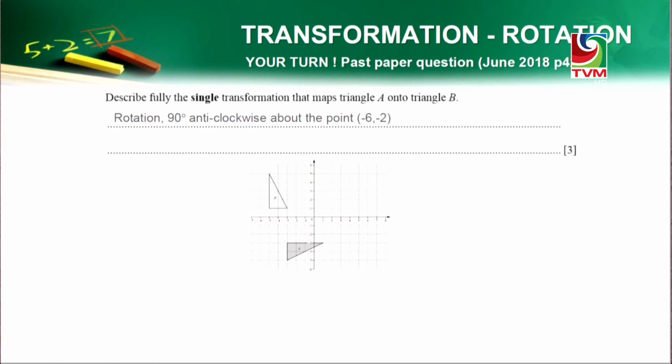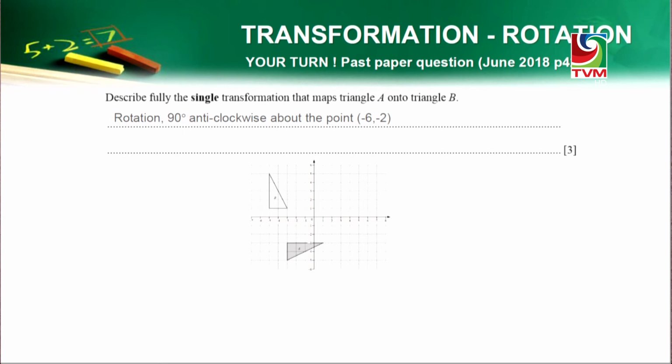First, you are going to identify what type of transformation this is. As you can see, this is a rotation, but to make it more specific or describe it fully, you have to mention the center, the angle and the direction of rotation.